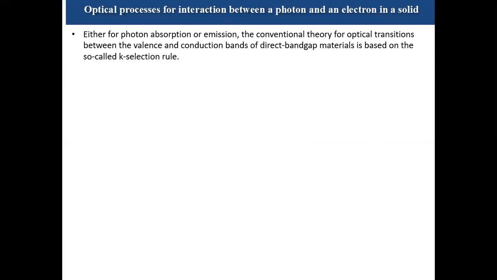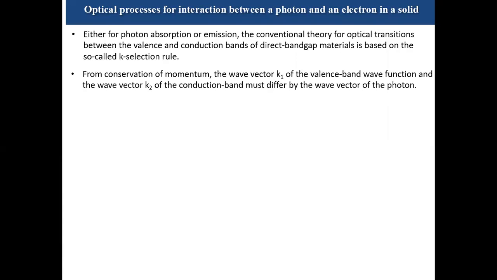The optical process for the interaction between a photon and an electron in a solid is also interesting, because for either photon absorption or emission, the conventional theory for optical transition between the valence and the conduction band of a direct bandgap material is based on a k selection rule.